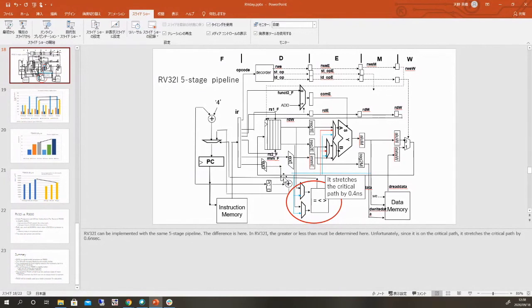The last question: what do you do with things that are not defined in RISC-V, such as predication and conditional move? I think it's an important architecture.